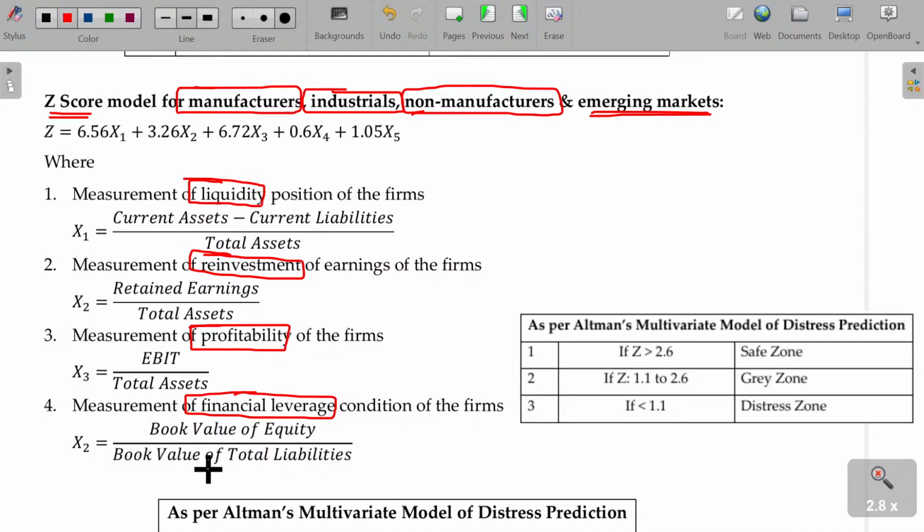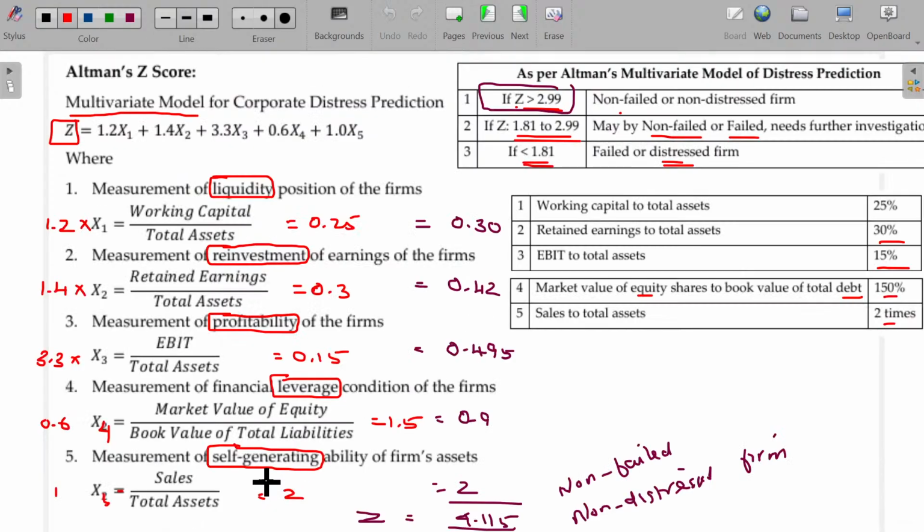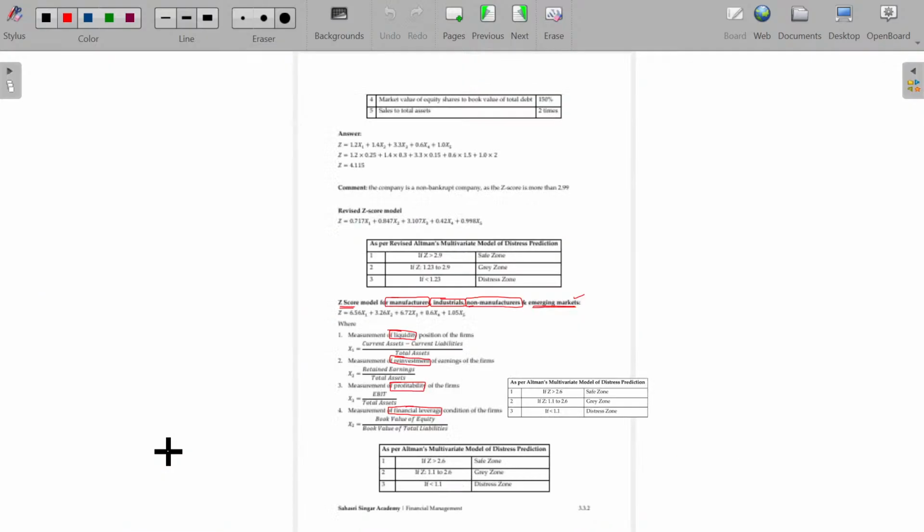Sales to total assets is not compared because it's an emerging market. Now only the market is going to be picked up. We don't have such a market earlier. Because of the emerging market, the last one, the sales and total assets variable, is not taken. This aspect is not taken here. Clear?